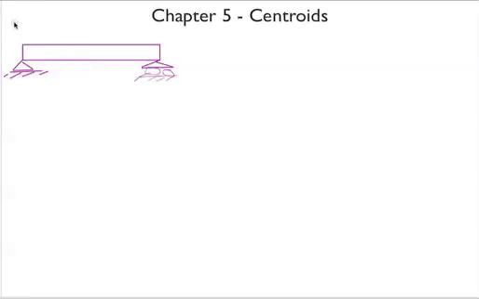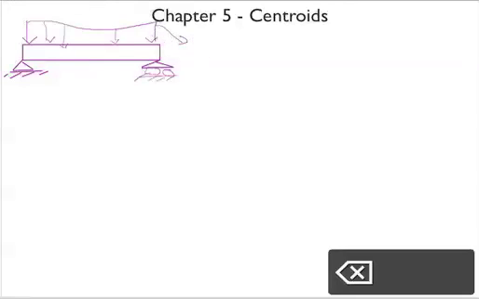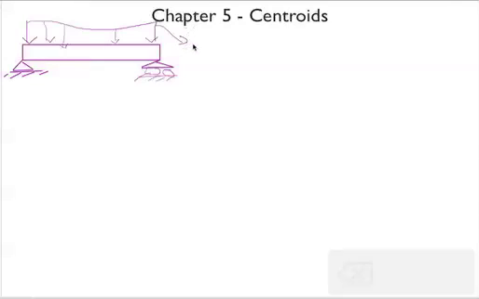So a beam with a couple of supports, a normal fixed pin support over here and a roller support on that side. And then we have a load that is continuous and distributed across the entire beam, and it has some function w(x) right there.